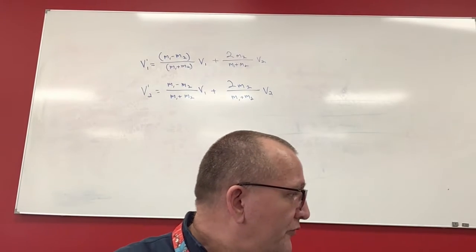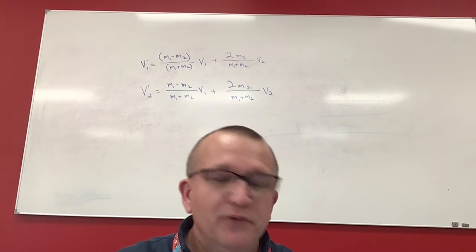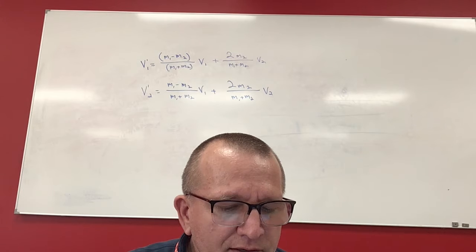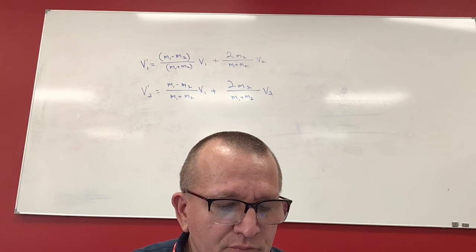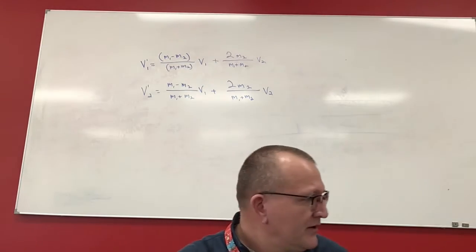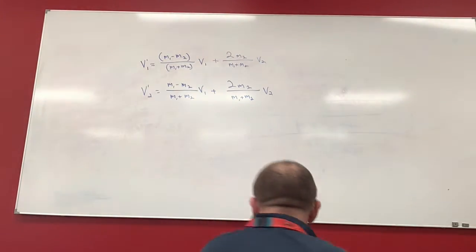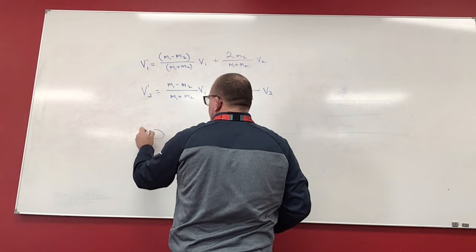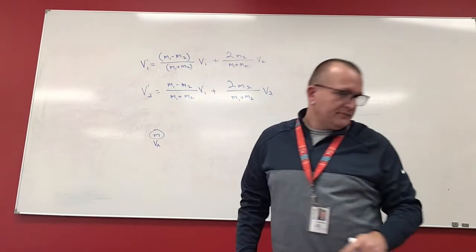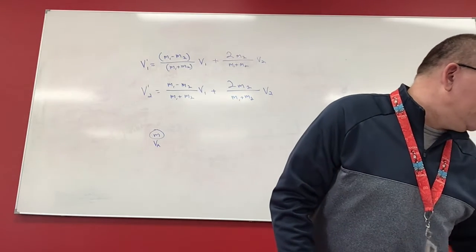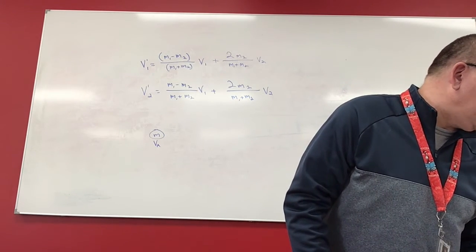Real quick before we even use the equation, we've got equal masses, example 7.7. Billiard ball A of mass m moves with speed VA. I'll draw this on the board. This is the first one, mass m, traveling at VA, and it collides head-on with ball B of equal mass.